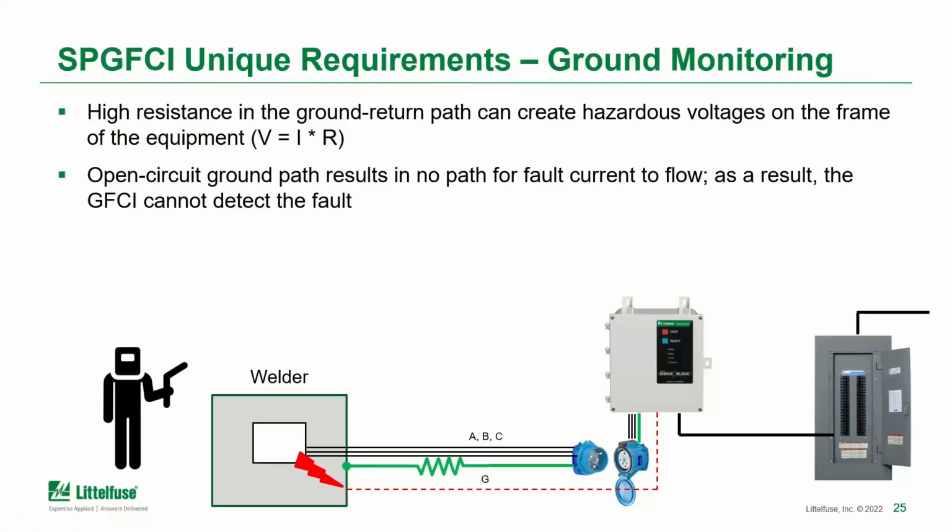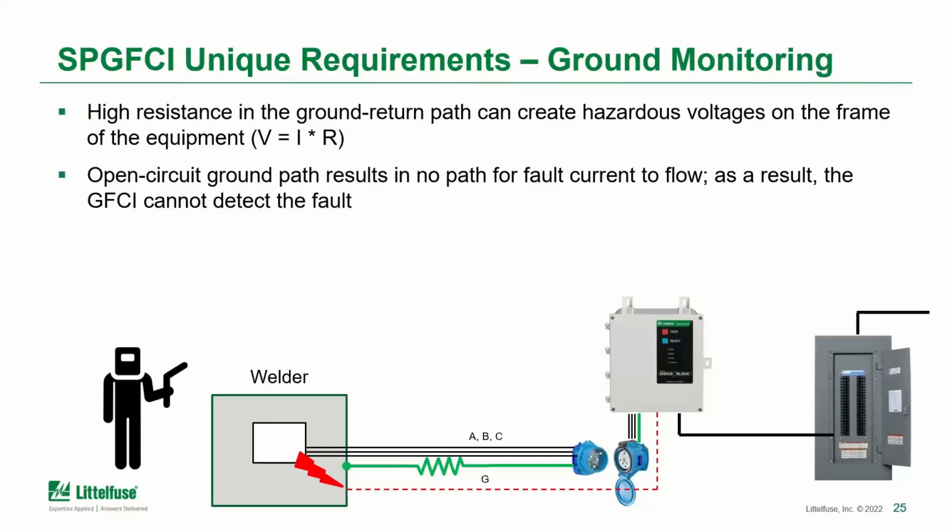And in the worst case scenario, if you have a complete open circuit, now the issue is you have no fault current coming back to the special purpose GFCI, so it's not even able to see that fault current, but the frame of the equipment could be energized and cause a severe shock if somebody touches it. So this is, we'll say, the reason why this is added as a requirement.